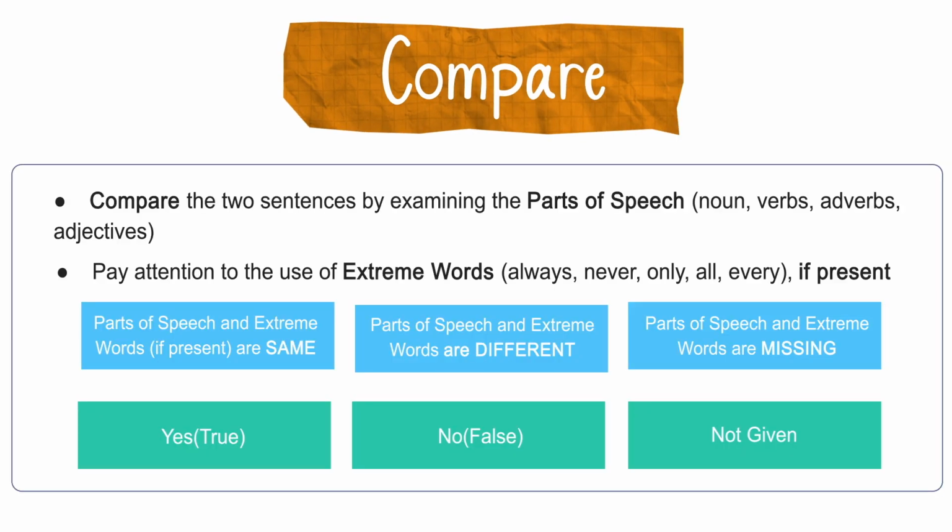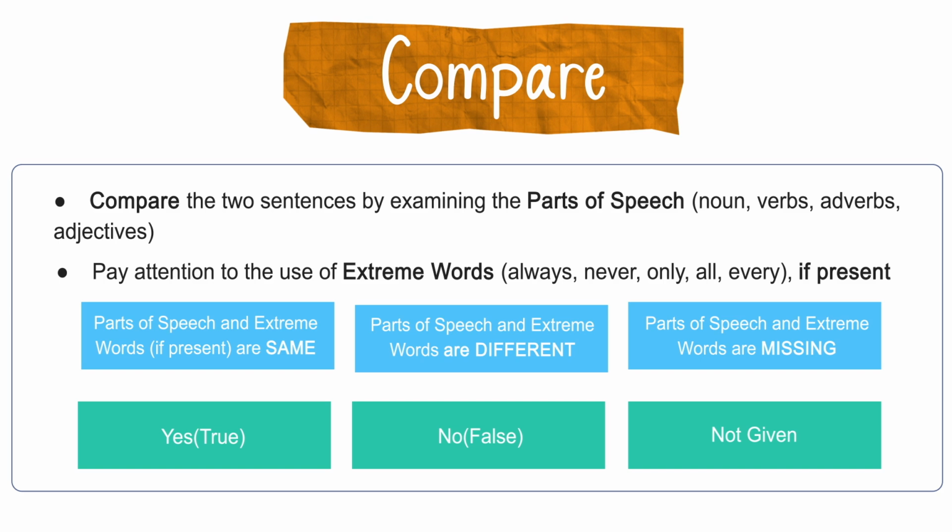Now, how to compare sentences, which is very important, right? So, first of all, remember that you compare 2 sentences by examining the parts of speech. By this, I mean nouns, verbs, adverbs, adjectives, and pay a lot of attention to the use of extreme words. For example, always, never, only, all, every, if they are present in the question. These extreme words are very important, all right?